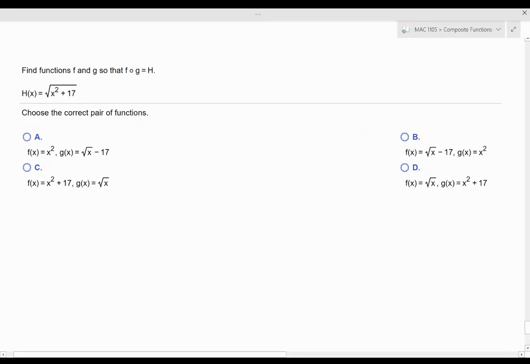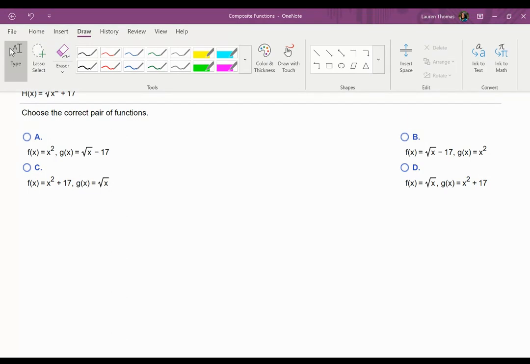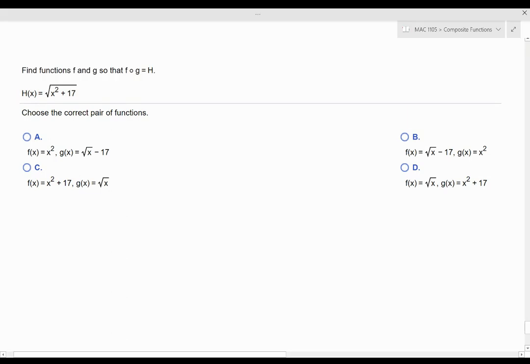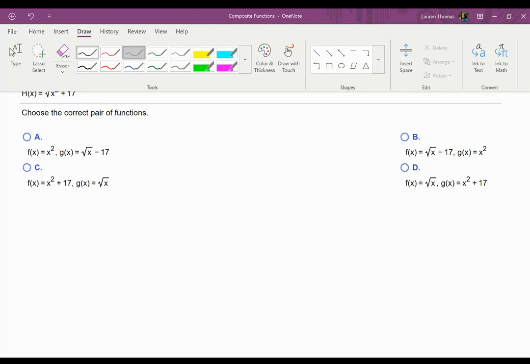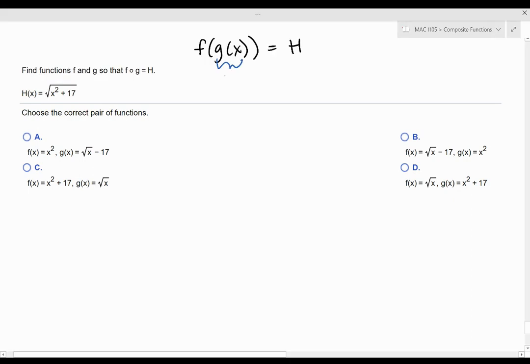Same deal. They want us to find who the inside and outside functions are, who f of x is and who g of x is. By the definition they gave us, f of g of x equals h, so g of x is the inside function and f of x is the outside function.